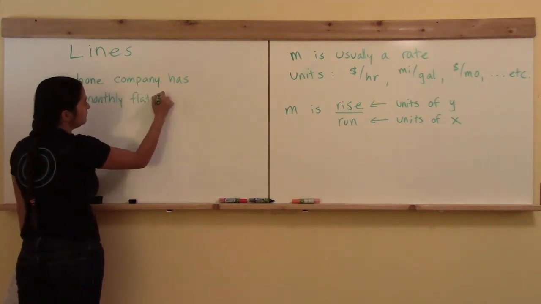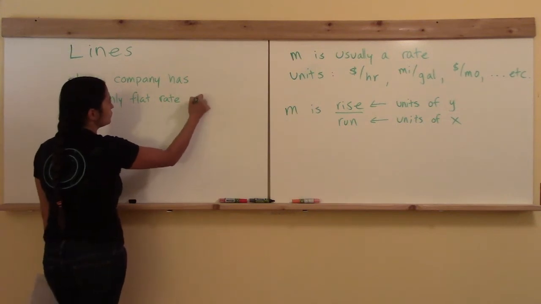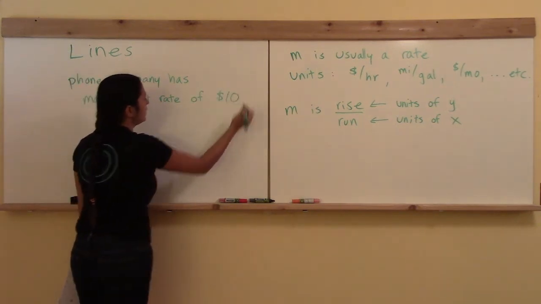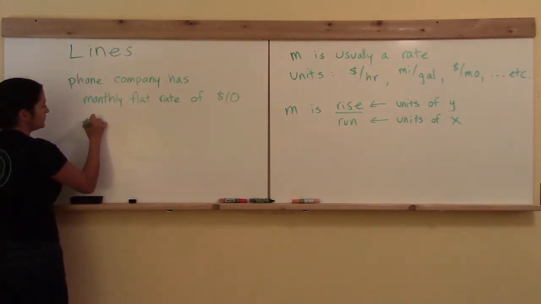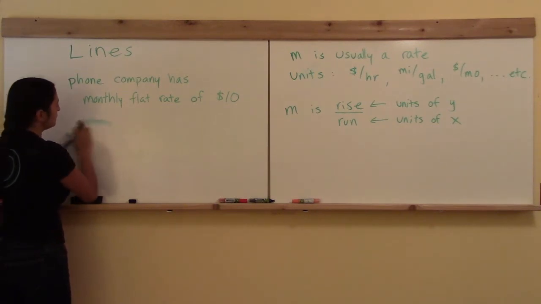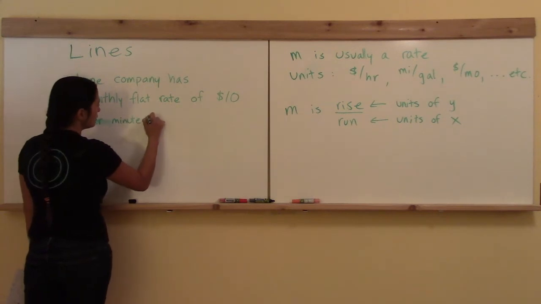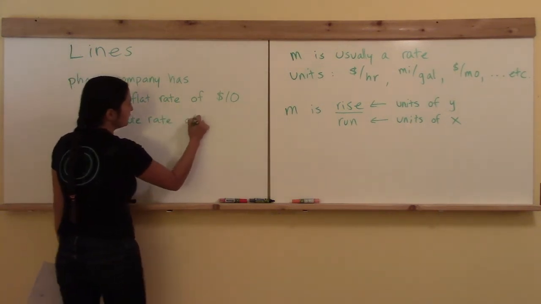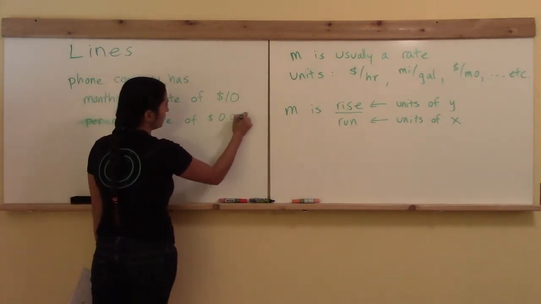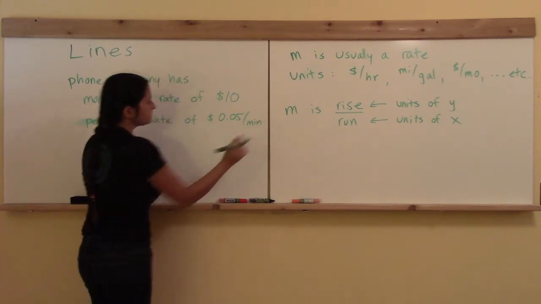That flat rate, you have to pay it no matter what, even if you don't use the phone. That's going to be $10. And then the per minute rate is maybe just 5 cents per minute.